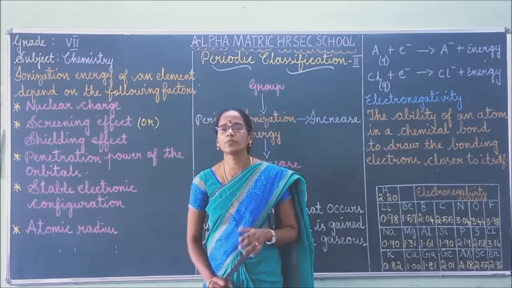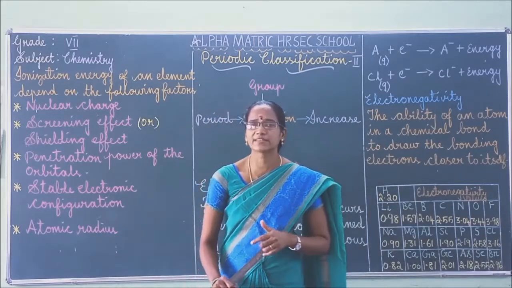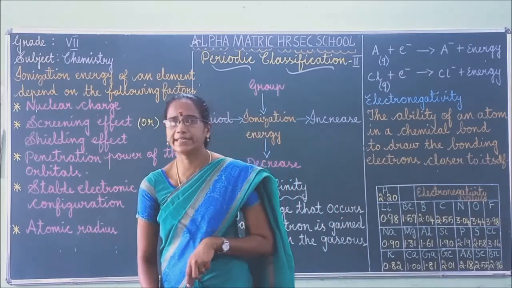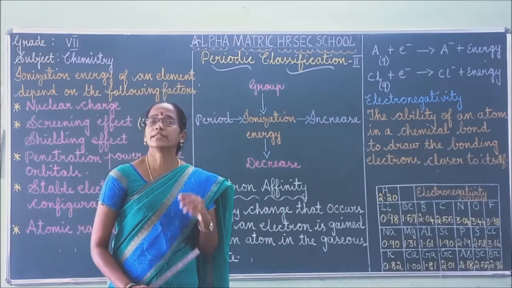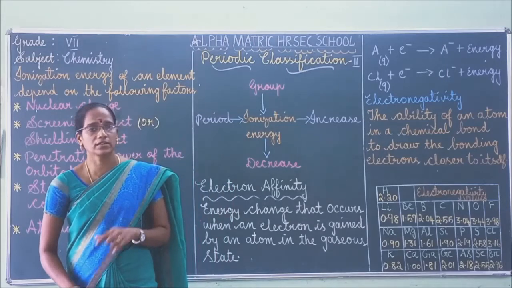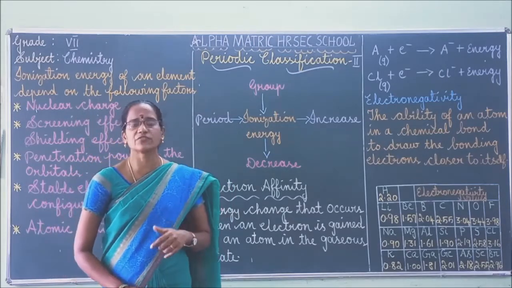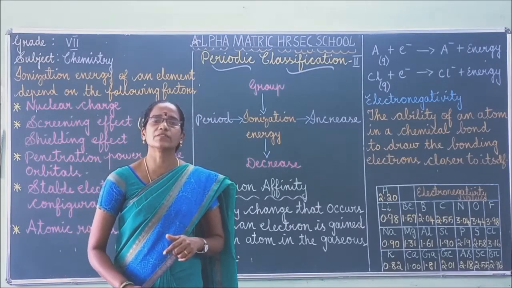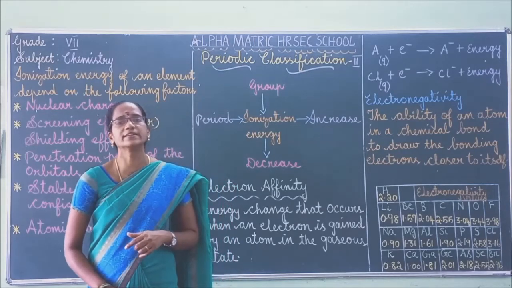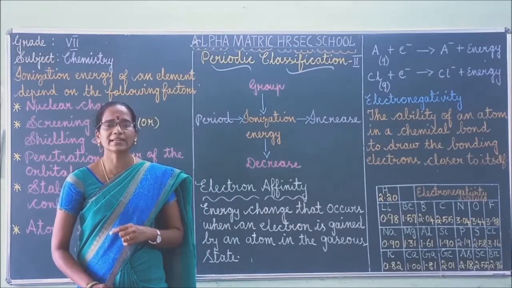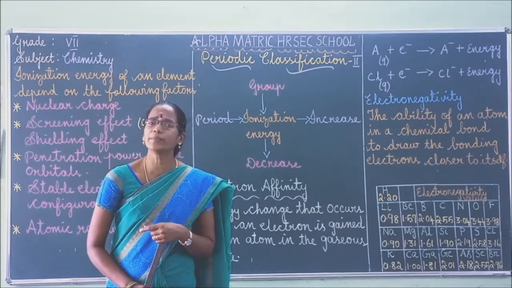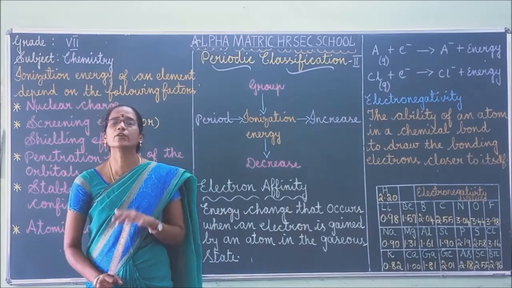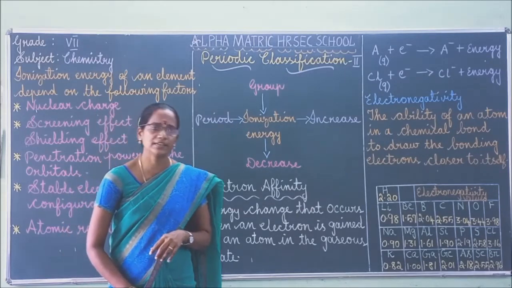Next one is atomic radius. In the previous class we discussed atomic radius. The atomic radius of an element is defined as the distance between the center of the nucleus and its outermost shell containing the valence electrons, isn't it? So if atomic radius is more, ionization energy will be less.